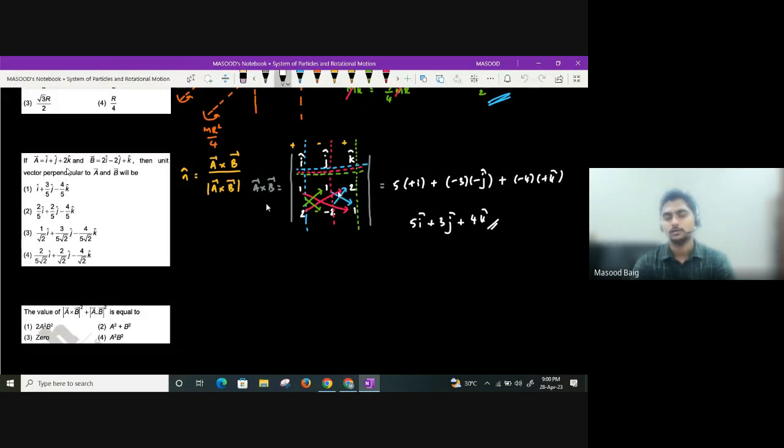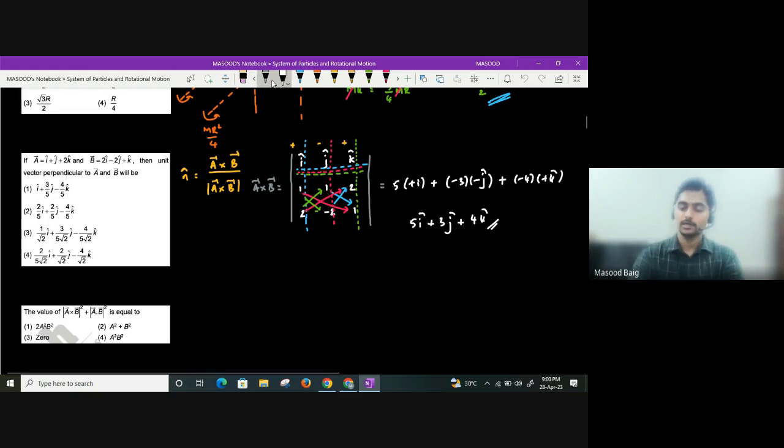So 1 minus of minus 4, 5 you will get. When I want to find the y component, I'll block the column and the row in which j cap is present. So elements left out will be 1 and minus 4. You will get minus 3. If I want to find the z component, I'll block the column and the row in which k cap is present. Elements left out will be these, guys. So minus 2, you'll get minus 4.